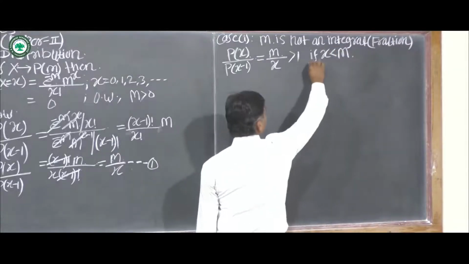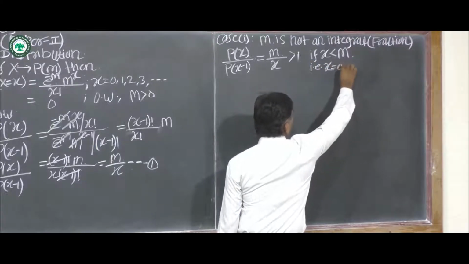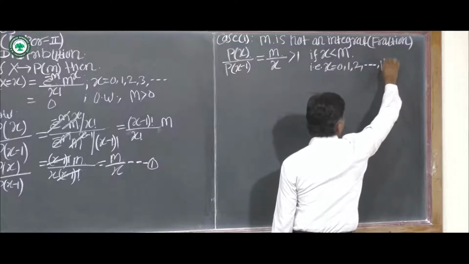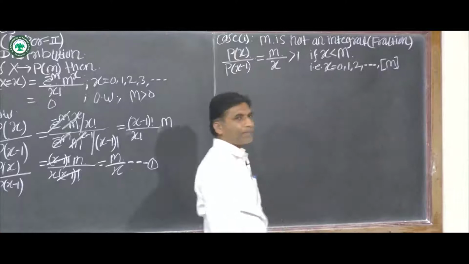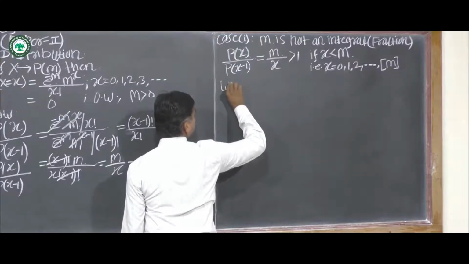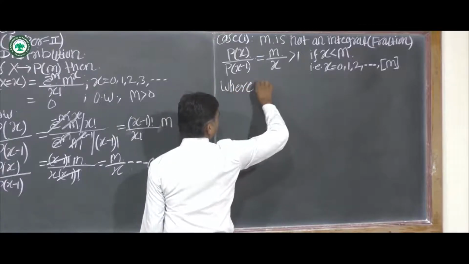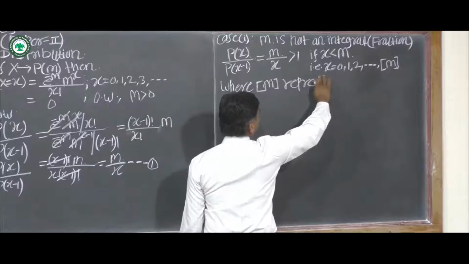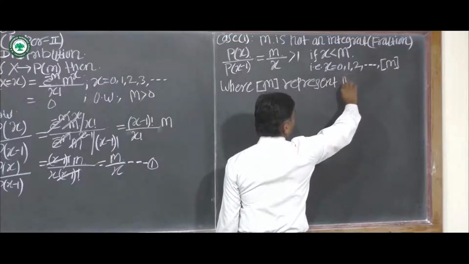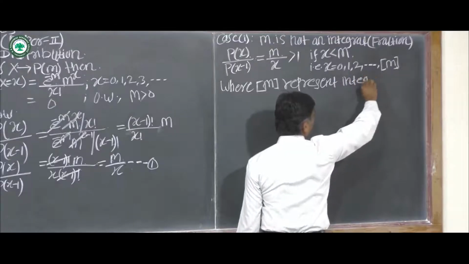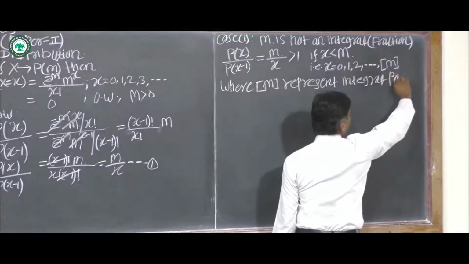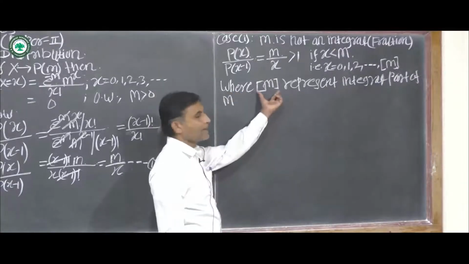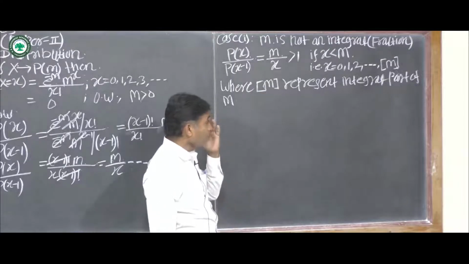That is, x takes values 0, 1, 2, up to floor of m. Here floor of m represents the integral part of m, that is the integer part of m only.